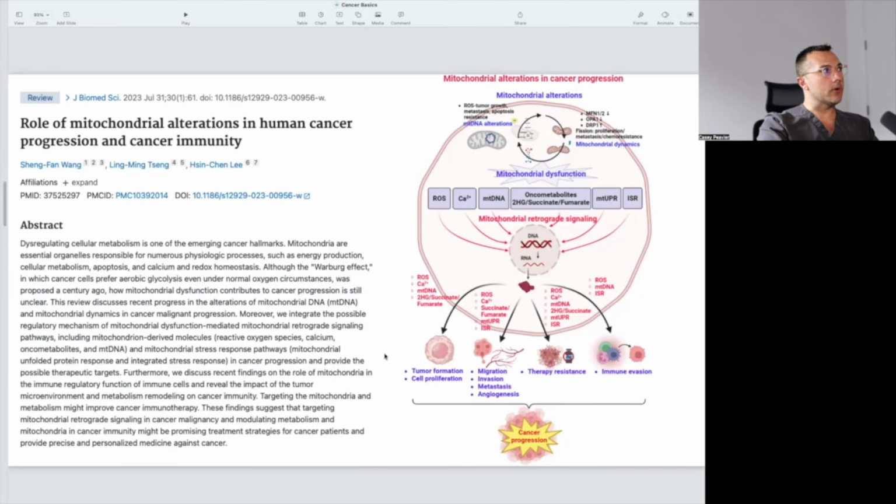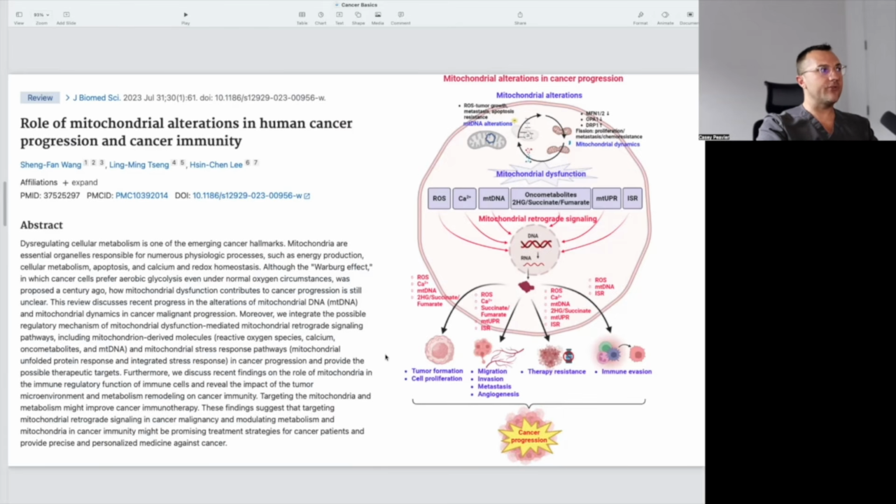This is another paper that was more recently published in July of 2023 and is titled Role of Mitochondrial Alterations in Human Cancer Progression and Cancer Immunity. And it says here, dysregulating cellular metabolism is one of the emerging cancer hallmarks. Mitochondria are essential organelles responsible for numerous physiologic processes, such as energy production, cellular metabolism, apoptosis, and calcium and redox homeostasis.